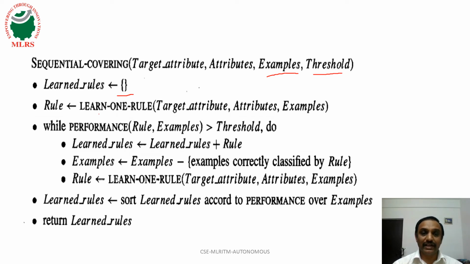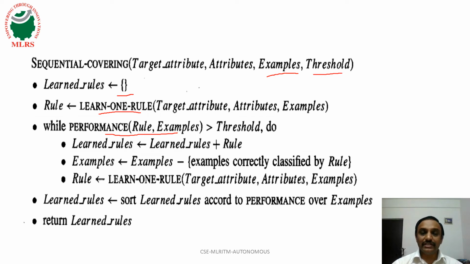Initially, we are learning one rule by using the target attribute, attributes, and examples, sending those things as parameters. If the performance of that rule is greater than the threshold, we perform our process.